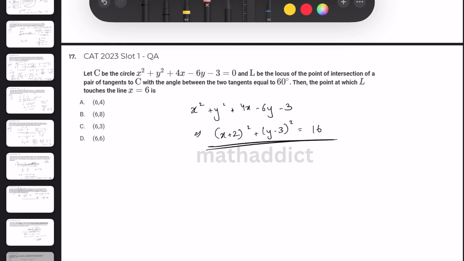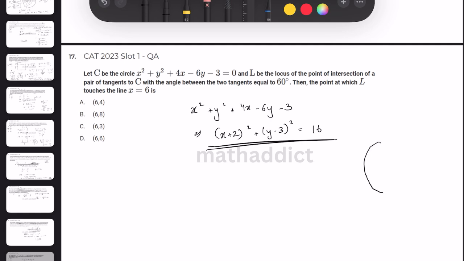So the radius of the circle is 4. Then L be the locus, that is the equation of the curve from which the pair of tangents to C are having an angle of 60 degree in between.